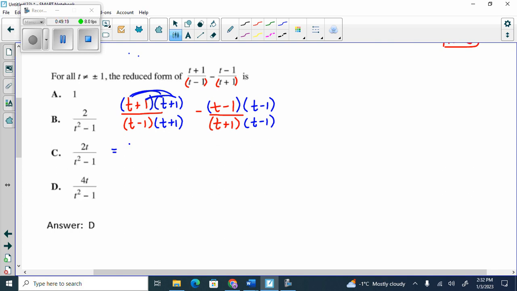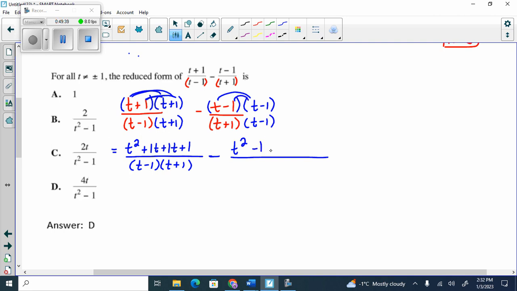So I get t times t is t squared plus 1t plus 1t plus 1 all over t minus 1, t plus 1, minus t squared minus 1t minus 1t plus 1.